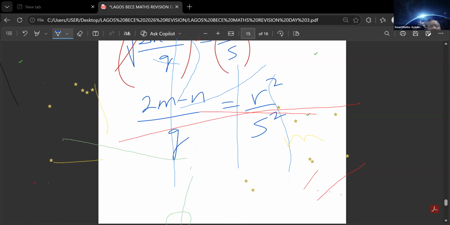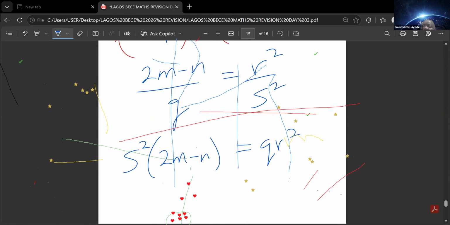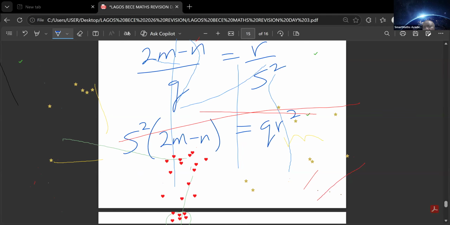So that means s squared will multiply 2m minus n, open bracket 2m minus n equals to qr squared. Don't forget, what we are looking for is m. So the next stage is now to remove this s squared, take it to the other side, so that 2m will be here. So we divide both sides by what?